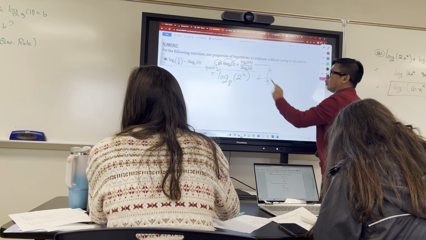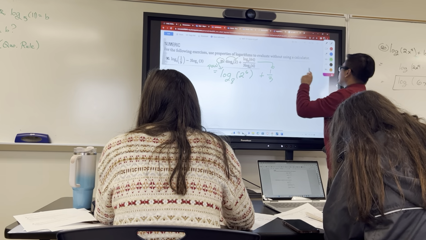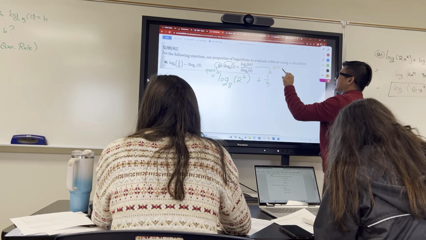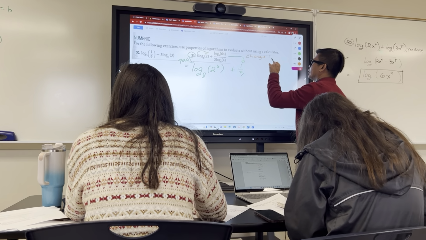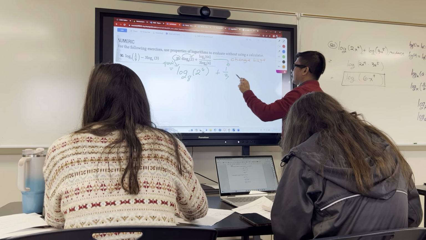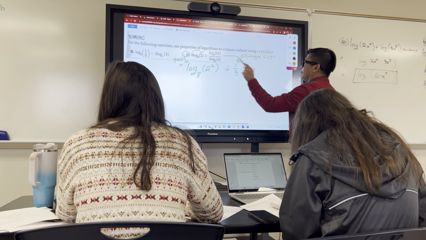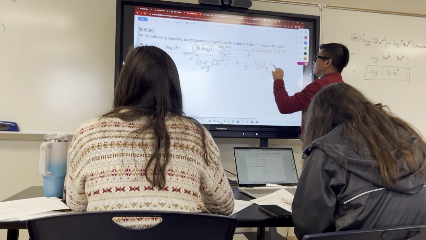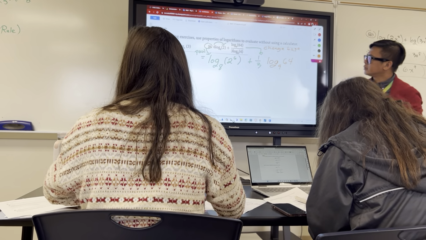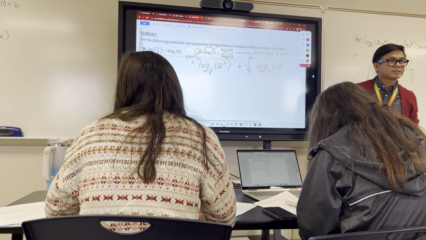Now this 2, I can write as what? What we call the change of base rule. If I use the change of base rule in here, then I can write it down as follows, right? Log base 4 of 64. See what we did, guys?